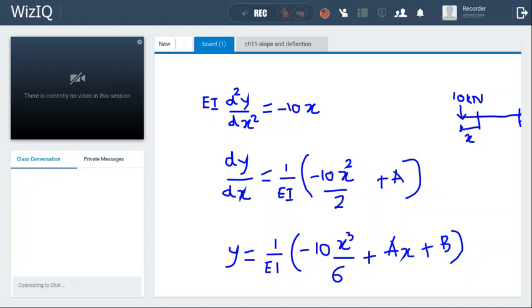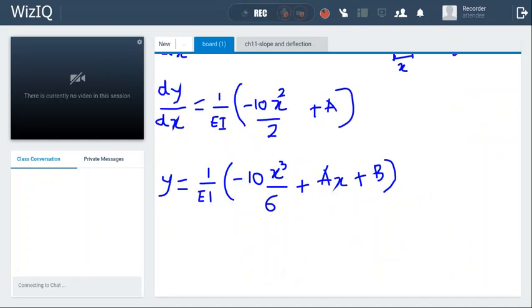deflection. Now to find the values for a and b, we apply the same conditions. At x is equal to L, slope is equal to 0, and at x is equal to L, deflection is also equal to 0. You can see here.